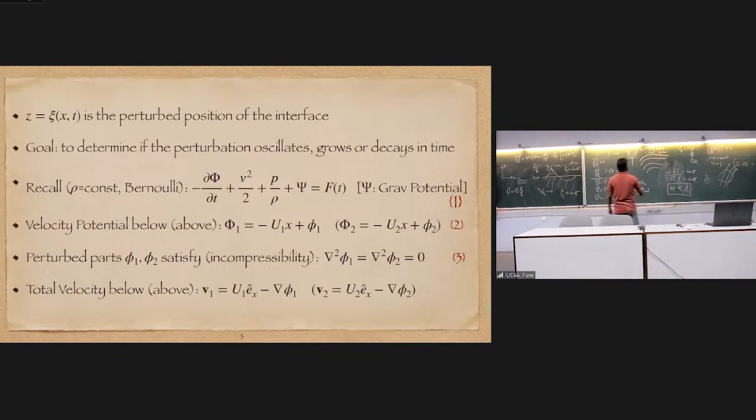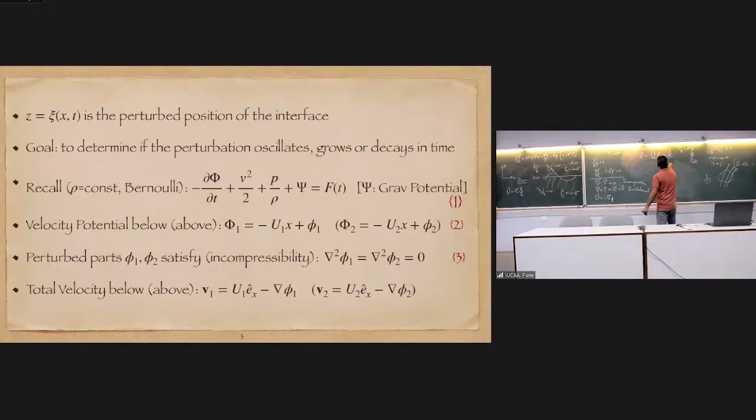So writing also takes a lot of time. If I have the total velocity written as some U times e_x, plus a perturbation V1, the perturbation is also assumed to be irrotational.